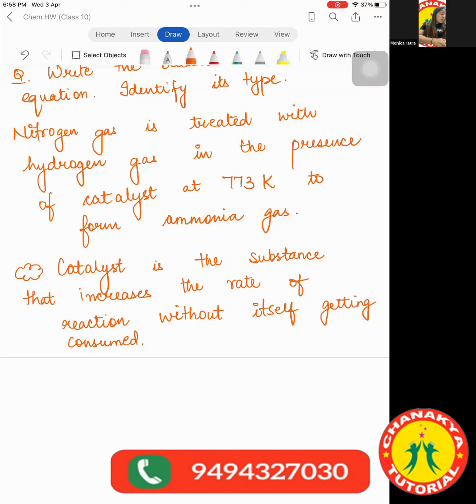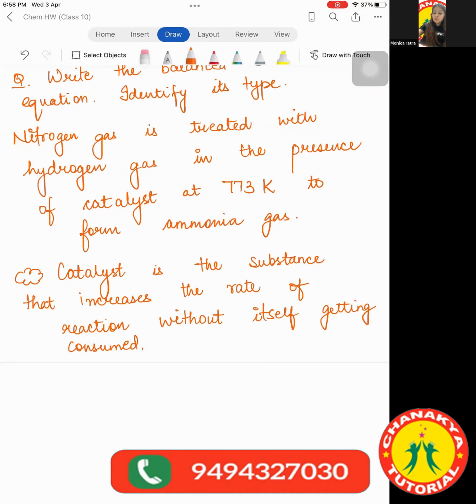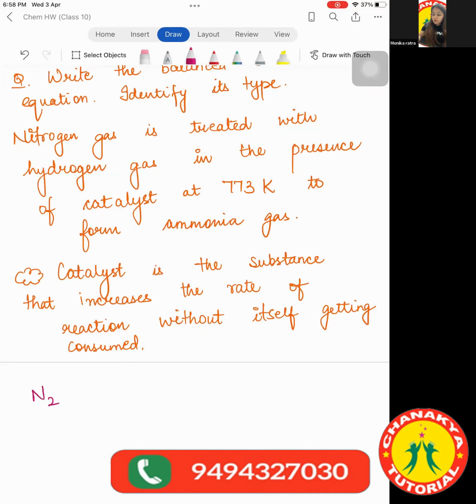So why are we mentioning this here? Because in the question it is written that catalyst is used. Whenever this is written, you have to write that on the arrow. So who is going to convert this? Nitrogen gas is not N, it is N2. I have told you many times that non-metals are always written in the diatomic form.